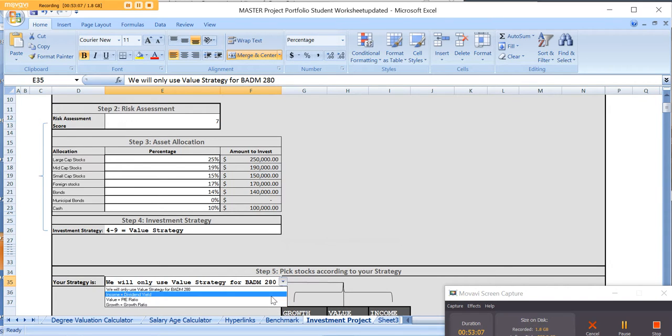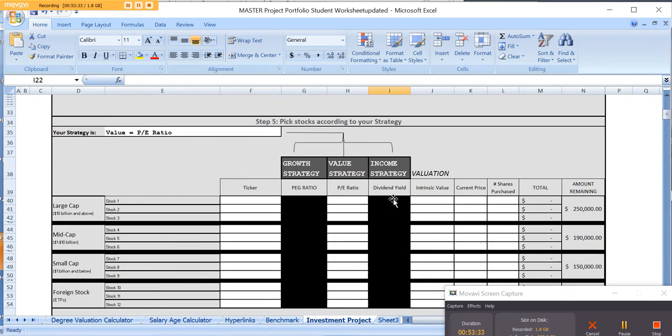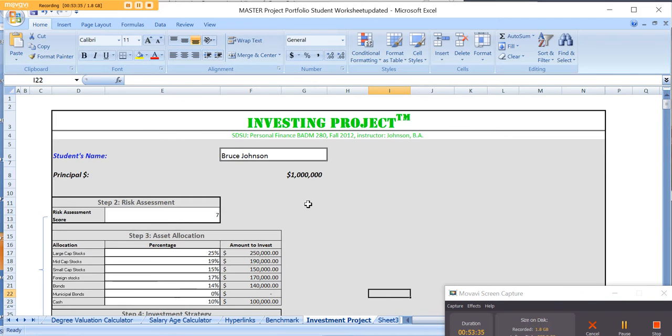You won't have a bond strategy or an ultra conservative strategy down here. So again, I'm value, I'm going to do that. If you have a very low risk tolerance, like 1 or 2, or 1 to 4 or something like that, you would pick an income strategy. I have a 7 up here, so my value strategy, and then I'm going to have a value strategy down here. All right, and that should get us to here.